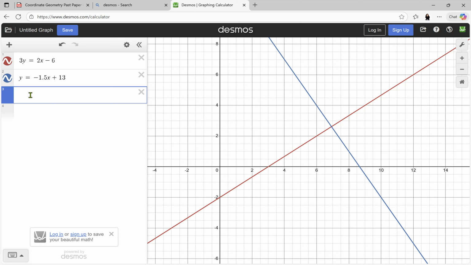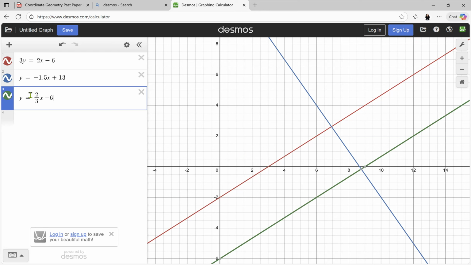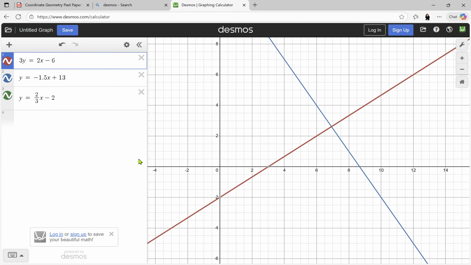So if I were to write it in the form y = mx + c, which is what we had to do to determine the gradient, it would be y = 2/3 x minus 2. So you see, it's the green line and it is now overlapping the first one. So it's literally the same line, right? So it doesn't really matter. Once you simplify it correctly, you'll get the correct equation.